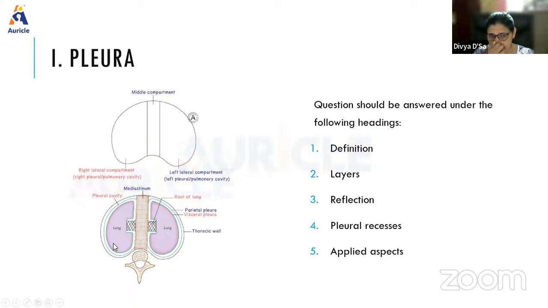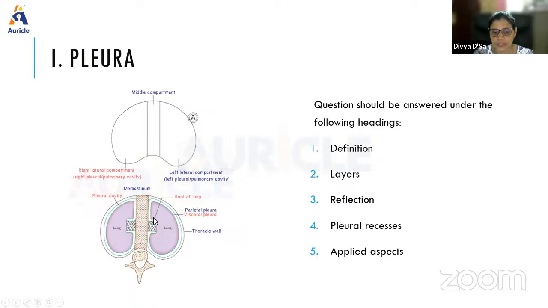The layers here: we have 2 layers, the visceral layer and the parietal layer. The visceral layer invests the lungs. It covers the lungs and is adherent to the lungs. It cannot be separated from the lung, except near the hilum and along the pulmonary ligament area.